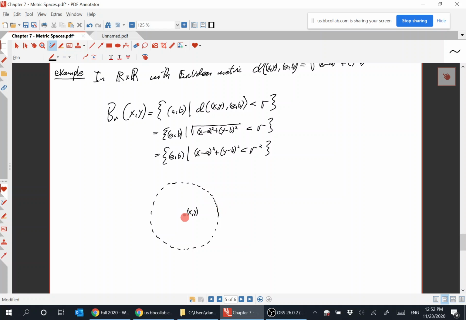All right, so that's the standard. So the length of this here is r. I guess I didn't do a great job of that. Let me see. That's the circle. Here's the center. Maybe I should call it a, b here. It's a set of all x, y.